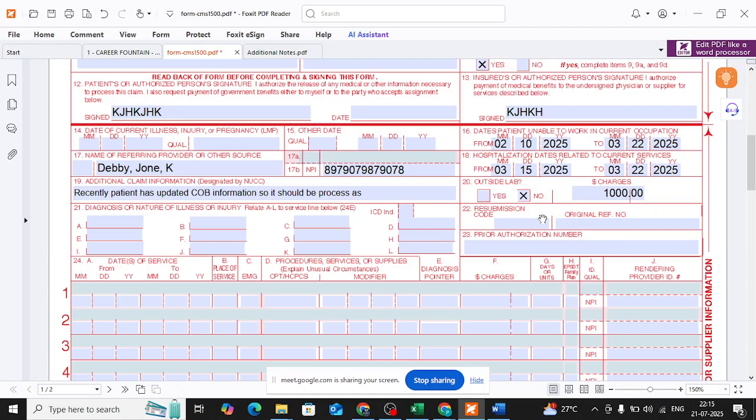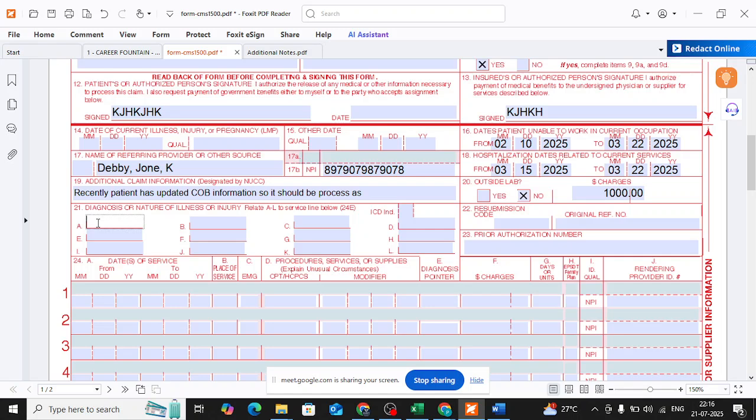Box number 21 is for the diagnosis code. What is meant by diagnosis code, and all the things will be covered in our coding session, so don't worry guys. Diagnosis means whenever patient is going to the doctor, first of all the doctor has to check the patient, what happened to the patient. That part is called diagnosing the patient.